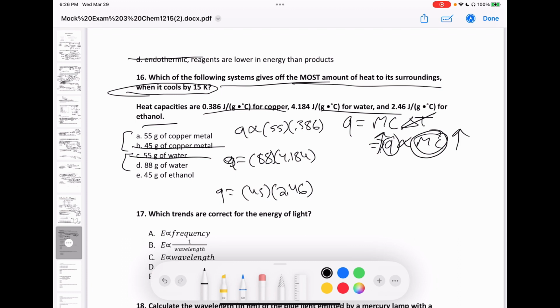Without even doing the math, you can see what it's going to be. Water has the most mass and the largest heat capacity, so that system is going to give off the most heat to the surroundings. So the answer is D.